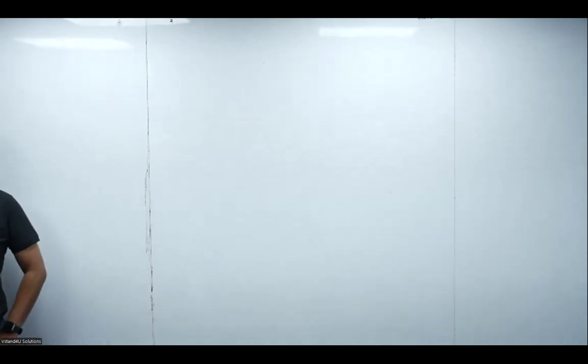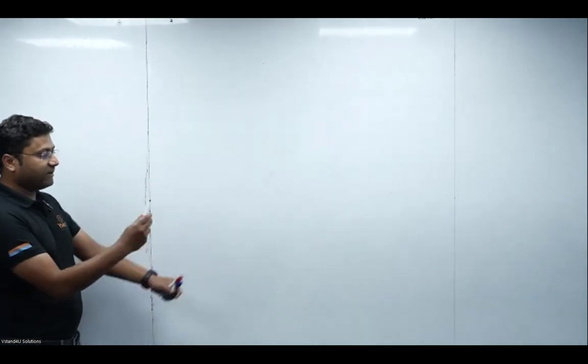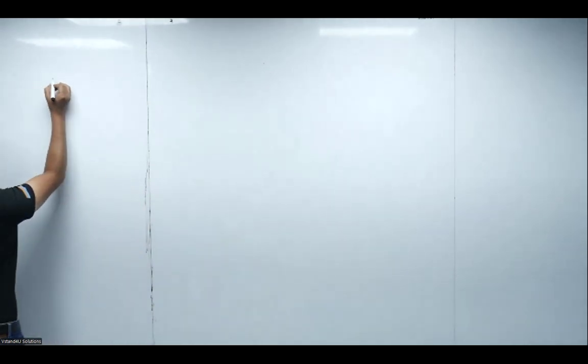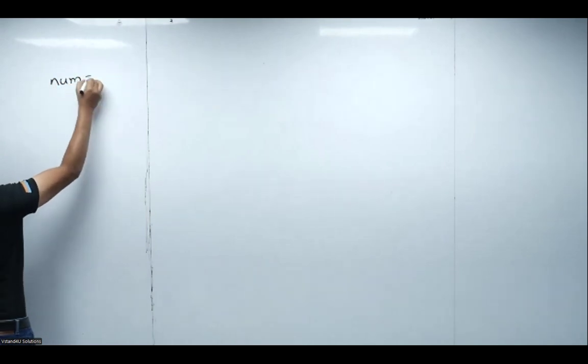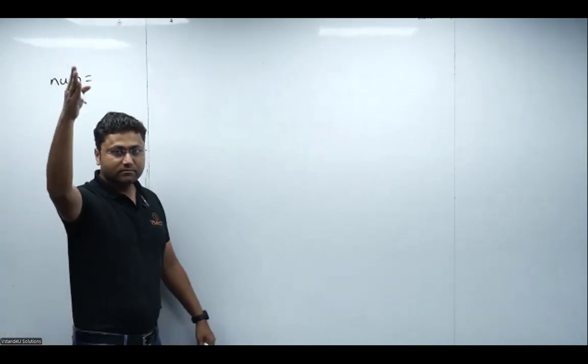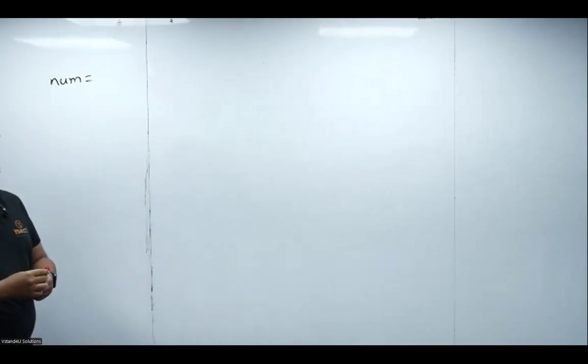I'll basically write the logic part only, like the way I've written earlier. Pay attention now. As usual, my favorite variable, num, and a number. Input number I'm asking from user.